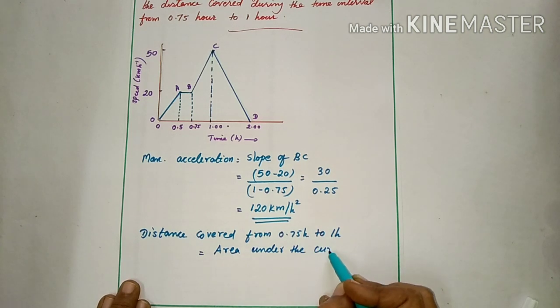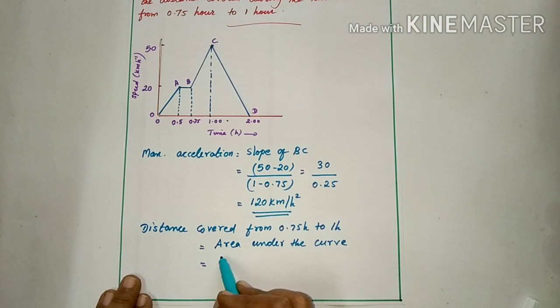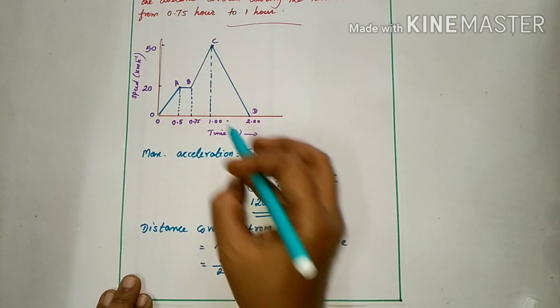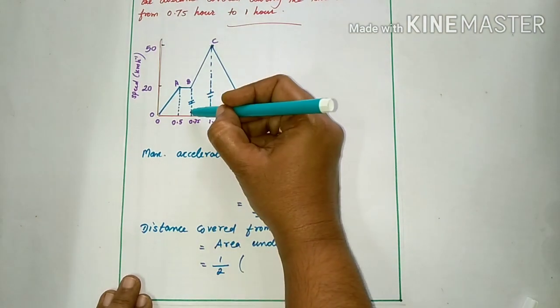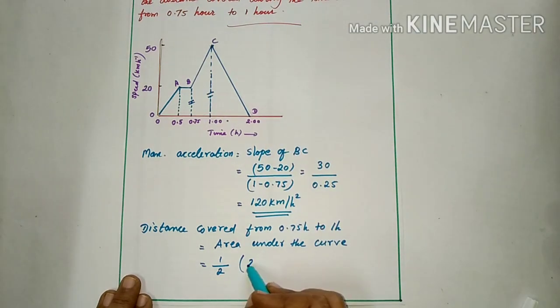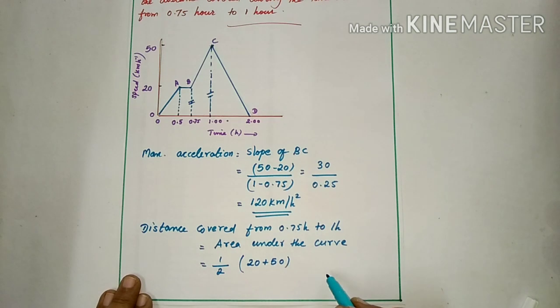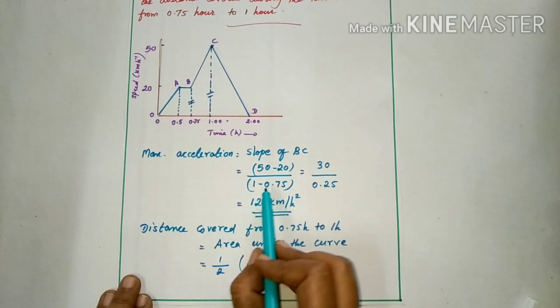So the area is in the shape of a trapezium. So that is equal to half into sum of the parallel sides. So what are the parallel sides here? These are the two parallel sides. So that is equal to 20 plus 50 into, then what is the height? 1 minus 0.75.